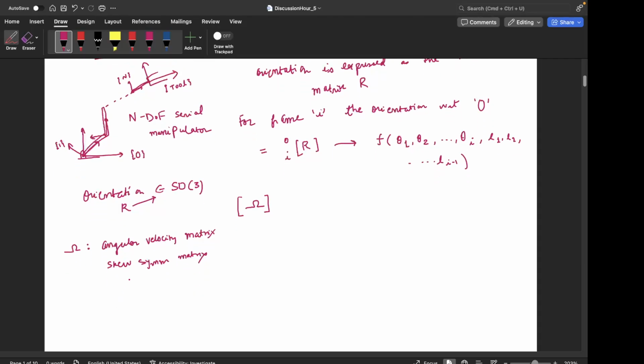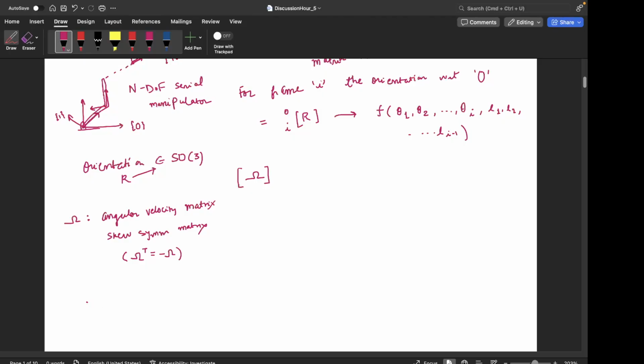The property of a skew symmetric matrix is that the transpose is the negative, right? It looks something like this.